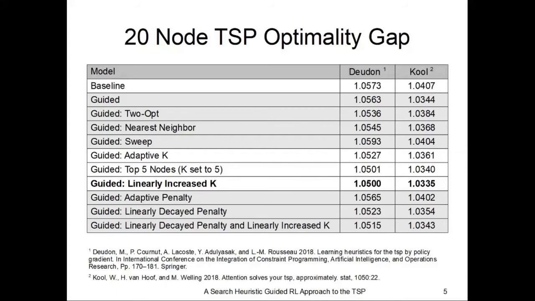To decrease their detriment, alterations of the penalty factor utilized in the combined loss function were also assessed. The best result was by linearly increasing the filter parameter k throughout the run. This resulted in improving the optimality gap from 1.0573 to 1.0500 using Deudon's model and 1.0407 to 1.0335 in Kool's model.